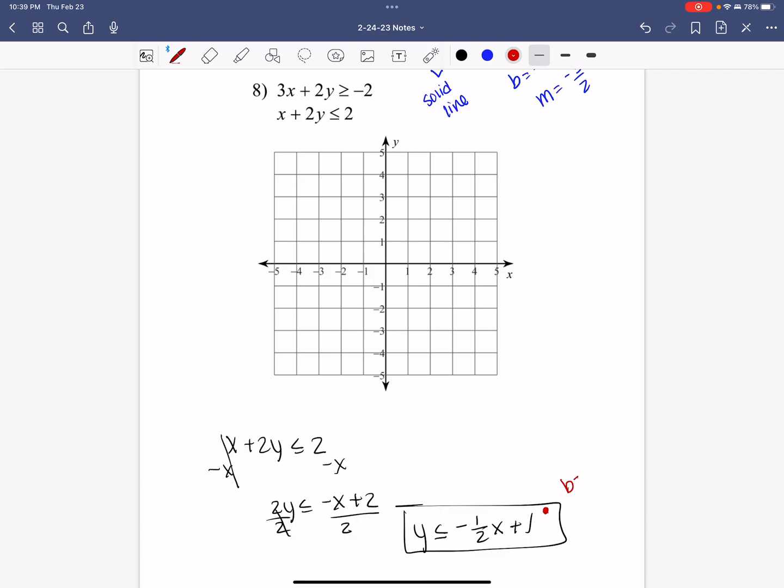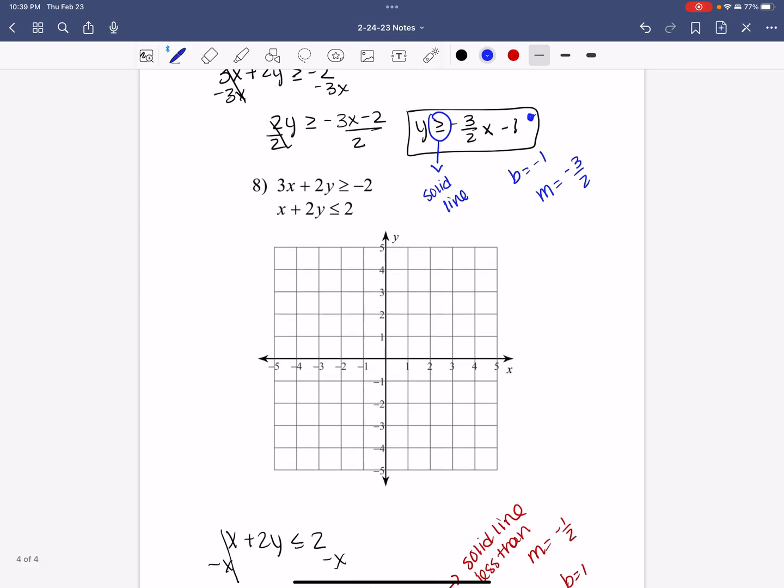My b is 1. My m is -1/2. And then this is going to also be a solid line. Let's actually go ahead and put less than, so that way that's less thinking that we have to do. And then the other one was going to be greater than. So that way we can go ahead and just look at everything, okay?